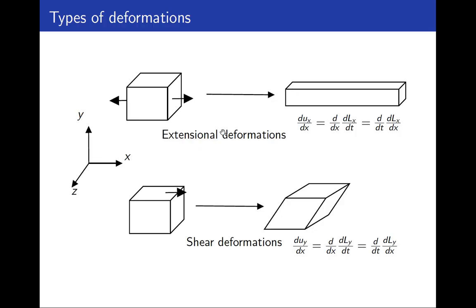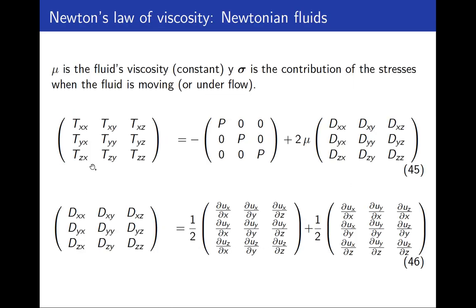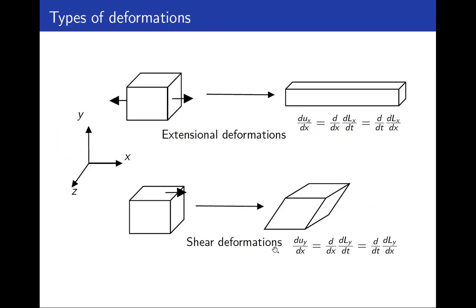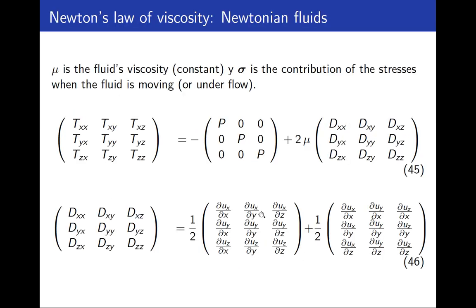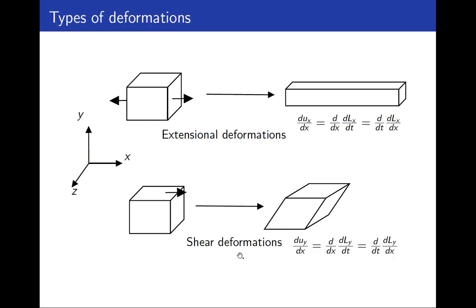So we have extensional deformations when we stretch the fluid in this direction. We can also stretch it in y direction, so now this length is going to be modified, and we can also have deformations in z. These elements are going to tell us in which direction we have extensional deformations. And the elements outside of the diagonal correspond to shear deformations.